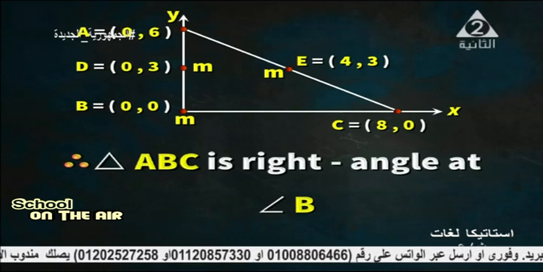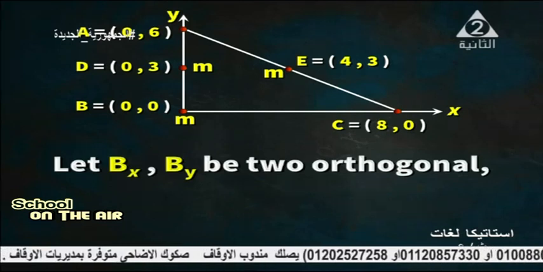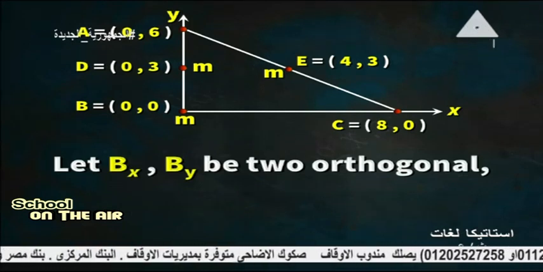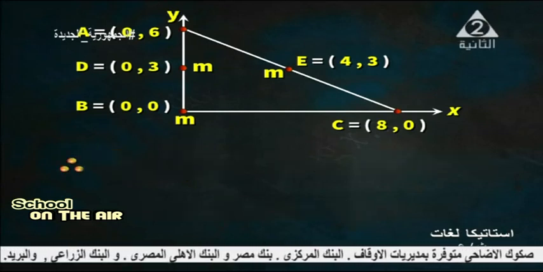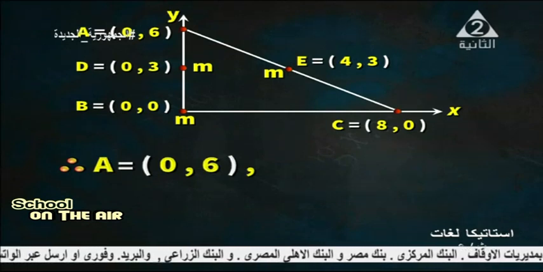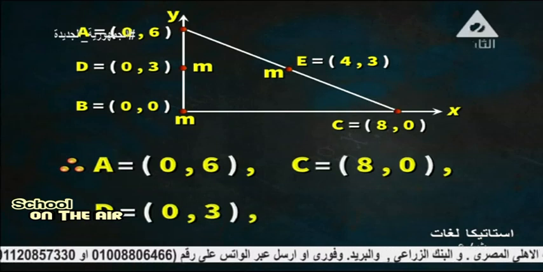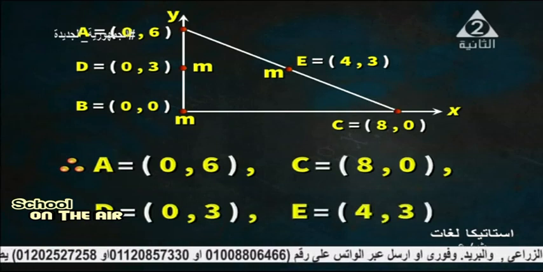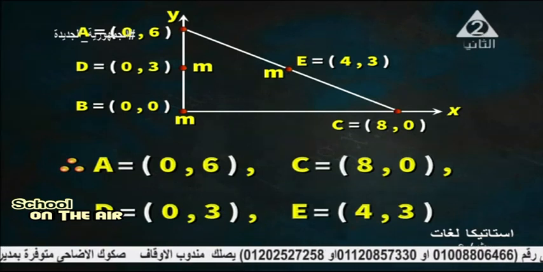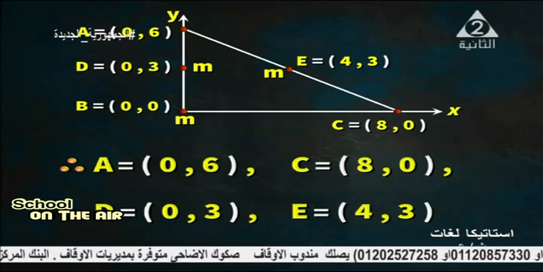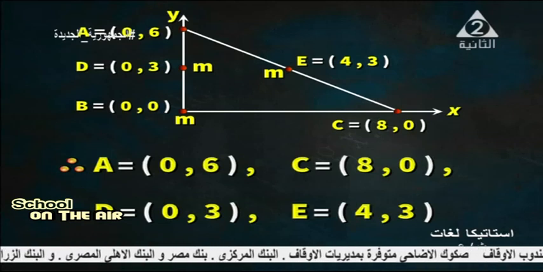ABC is a right angle triangle at B. Let B be the origin point, with BX and BY two orthogonal axes at B. Therefore, point A is 0, 6, point C is 8, 0, point D midpoint is 0, 3, point E is 4, 3. How many forces? We have 3 forces acting at D, at B, and at E.